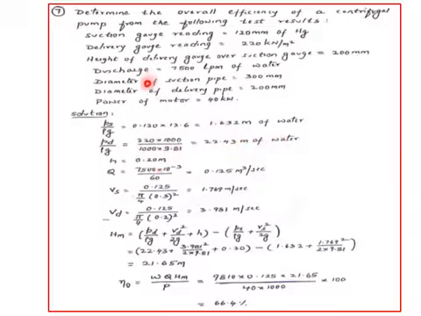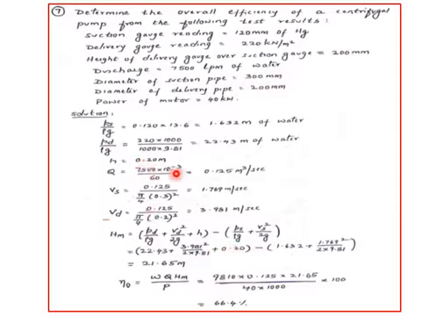The difference between the delivery gauge and the suction gauge is given as 0.2, so that gets added here. If they were at the same level, this would have been 0. Earlier when I gave the formula, I had not given this term. Since the difference is given as 200 millimeters, it is accounted here, which is 0.2 meters.